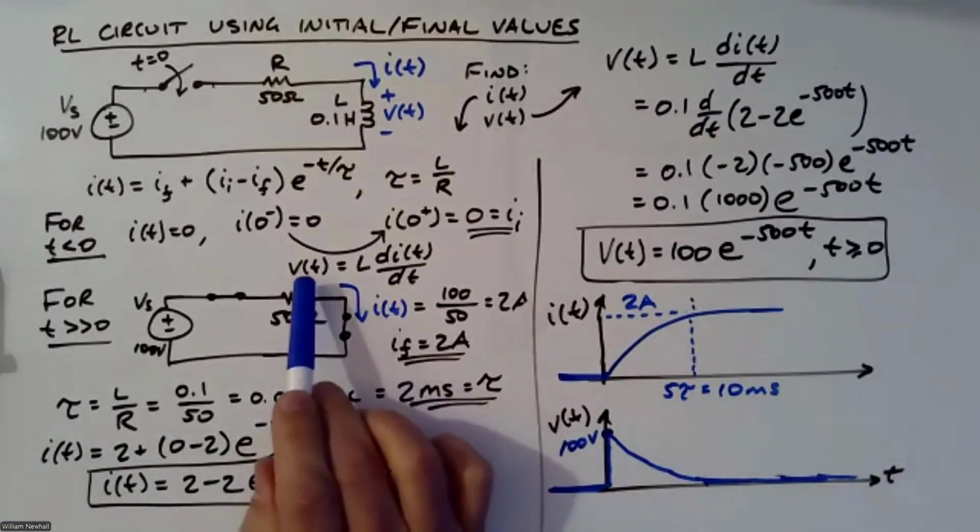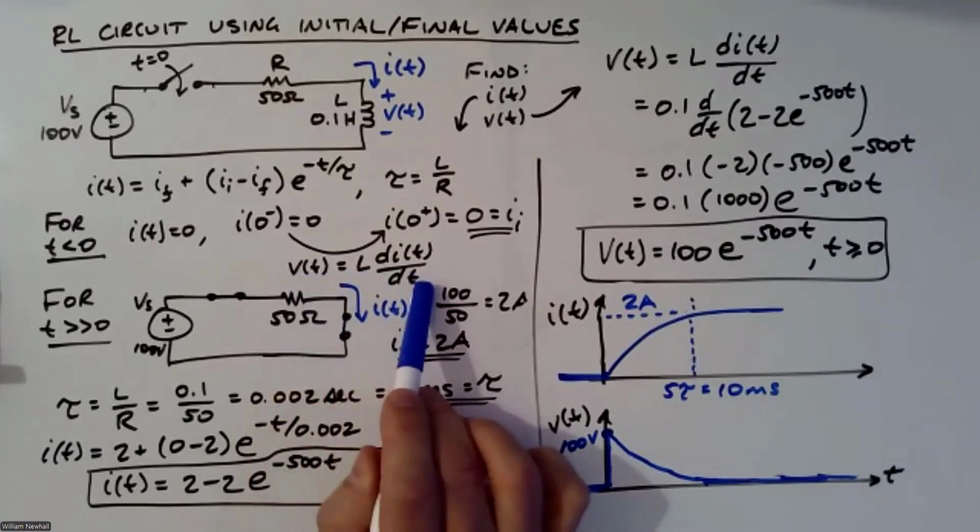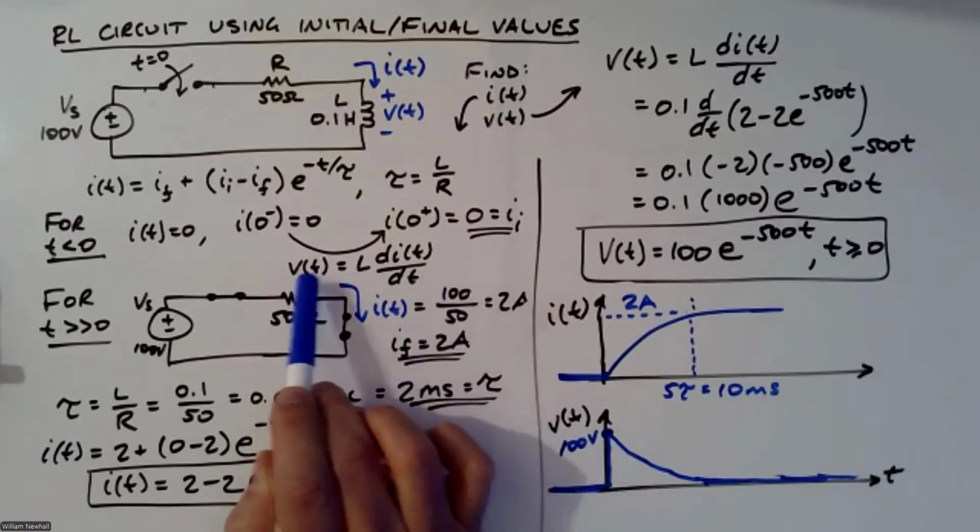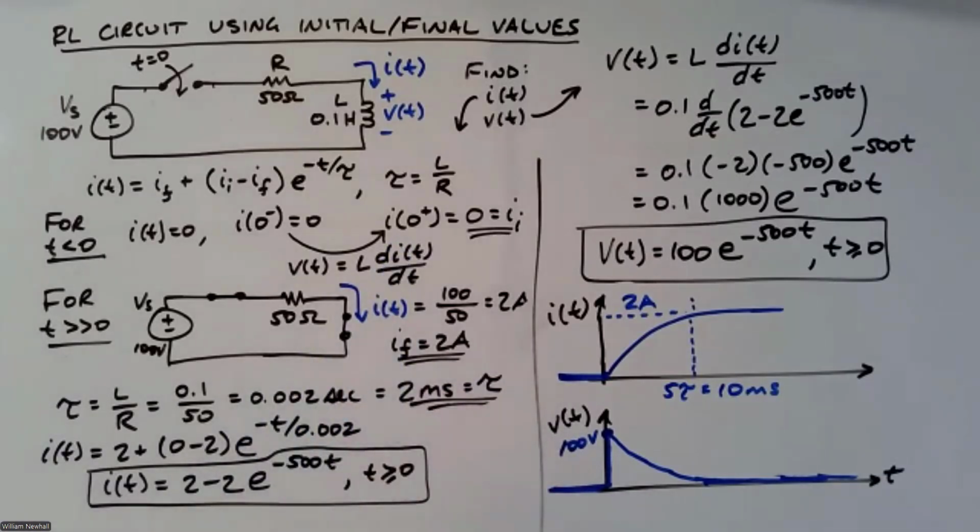And that's because for an inductor, V is equal to L di dt. For a capacitor, I is equal to C dV dt. Okay. All right. So that is an example of solving an RC circuit using the initial and final values.